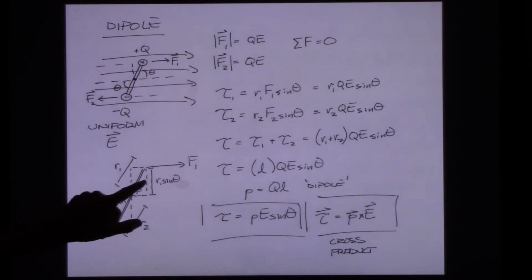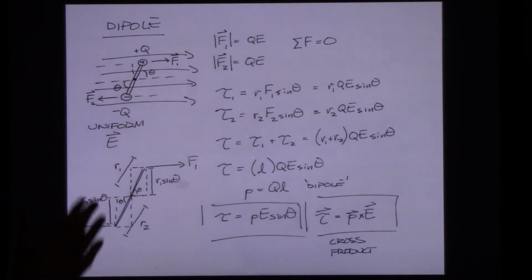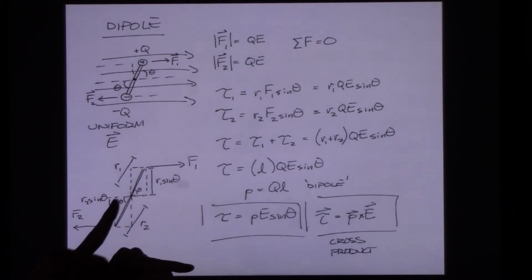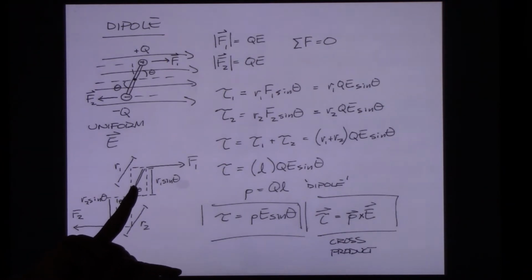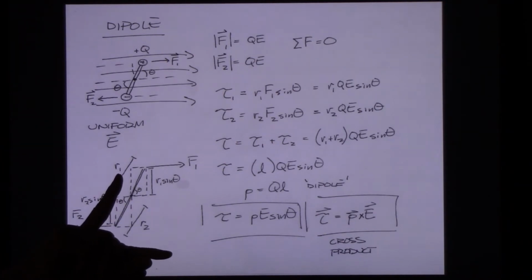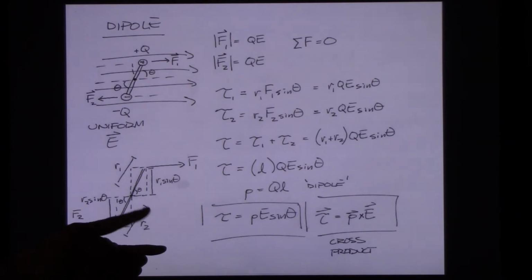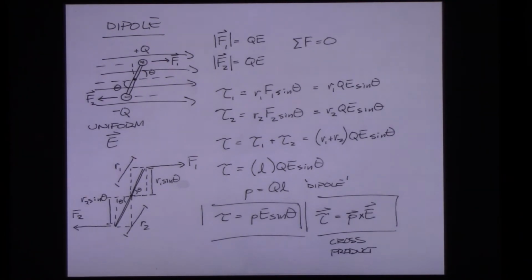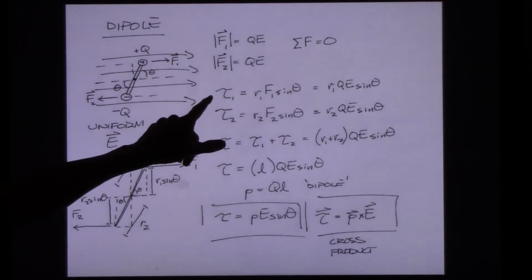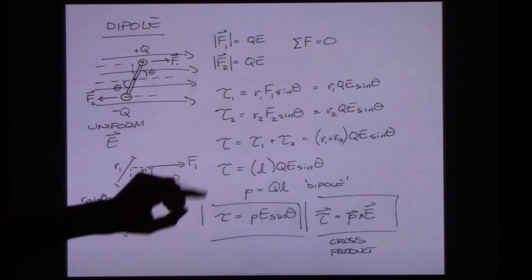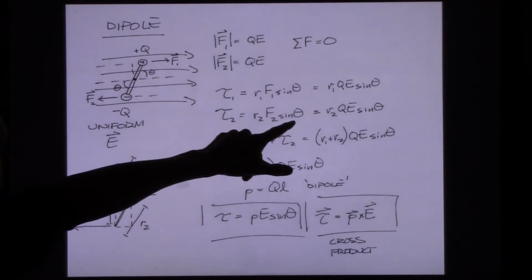So the lever distance on this side is R1 times the sine of theta, where theta is defined as the angle between the electric field and the orientation of the dipole. So again, we've defined both of these as vectors, and so we can define an angle between those two vector quantities. So torque 1 is R1 F1 sine theta, torque 2 is R2 F2 sine theta.